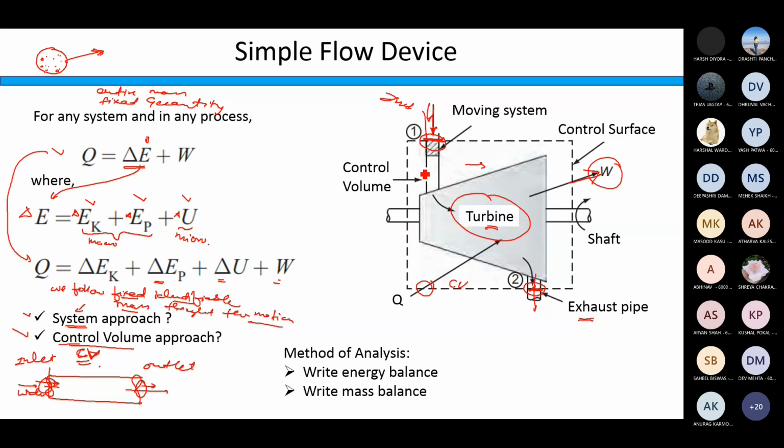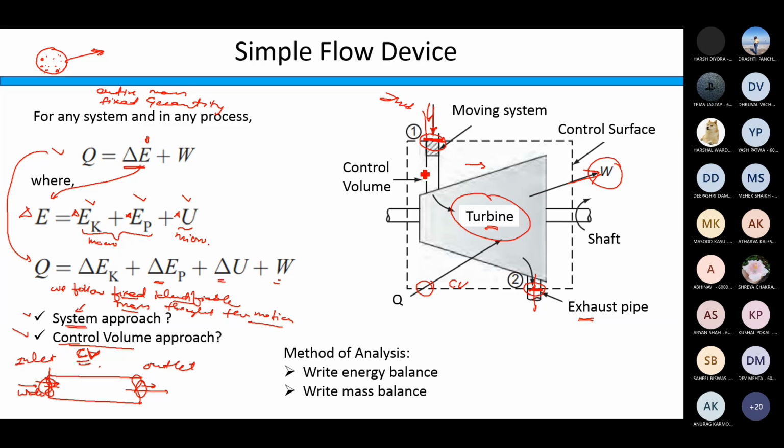So you can have the simple flow devices like heat exchanger, where you can have two concentric tubes, and one fluid is entering through the inner tube and the other fluid is passing through the gap between the two tubes. So that kind of device can be also thought of as a simple flow device. So as long as there is some fluid entering the system and going out of the system, that system can be thought of as a flow device, right?